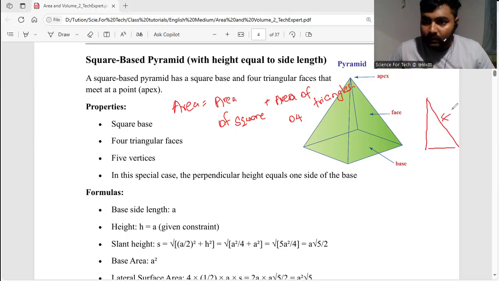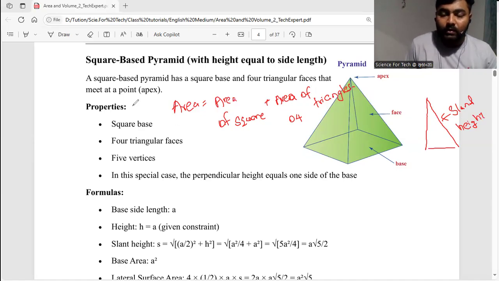To find the area of the triangle, you have to find the slant height. If I draw this, I can draw it like this. This is the perpendicular height.